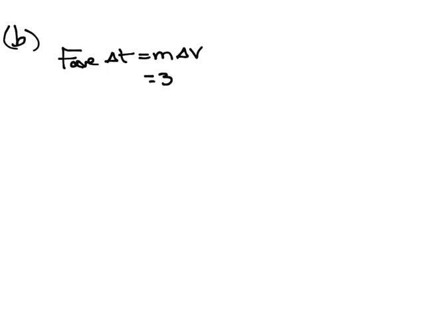We know the son has a mass of 35 kilograms and that the son's final velocity is 1.1. The initial velocity was 0. We also know from the problem statement that the change in time was 0.6 seconds.